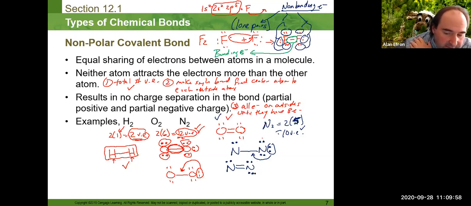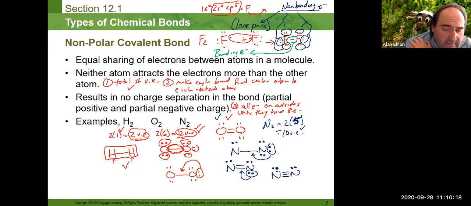To make our triple bond, we got to do the same thing. We got to take a pair of electrons and move them in. And when we do, we will end up with a nitrogen that has a triple bond. And if you count up the nitrogens on both sides, nitrogen on the right has 2, 4, 6, 8 with the triple bond in the middle.